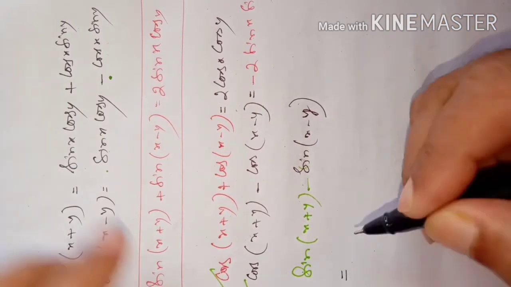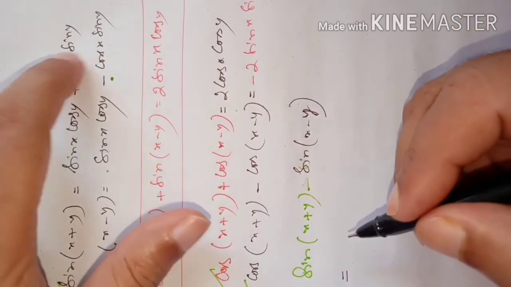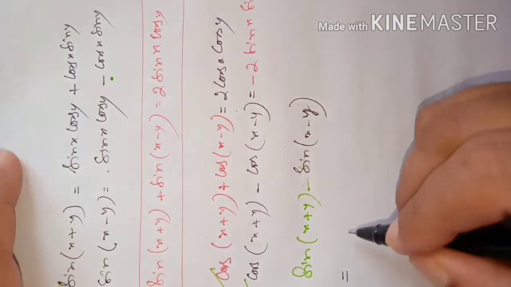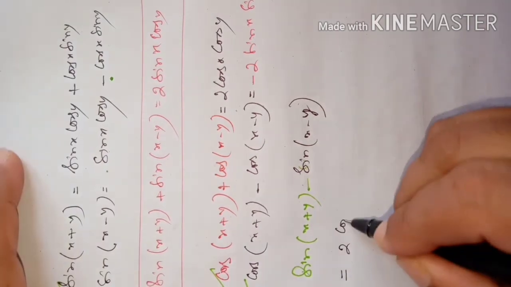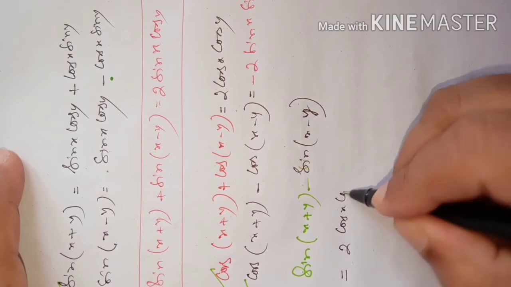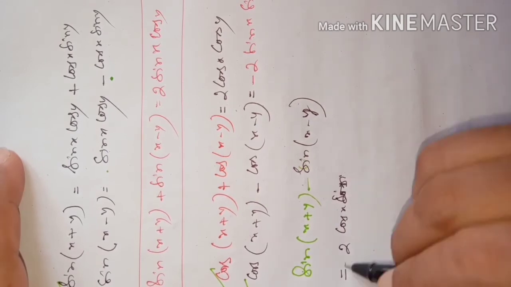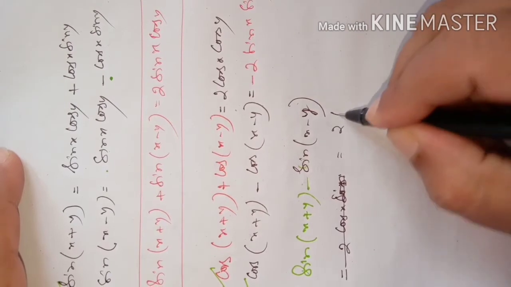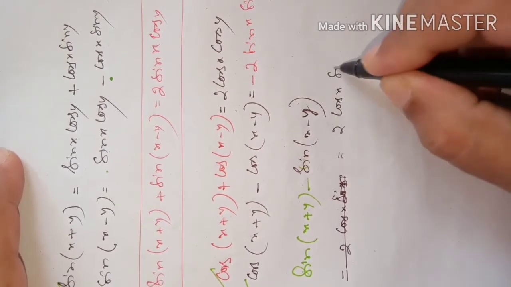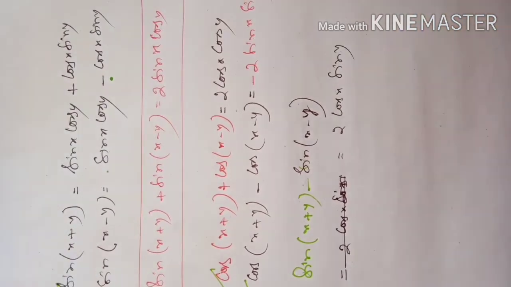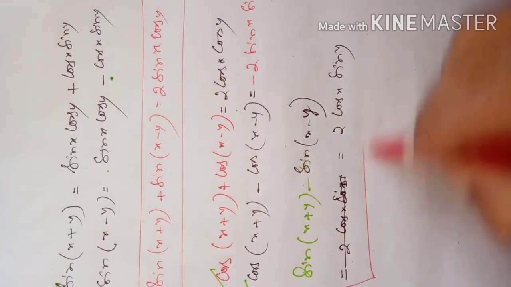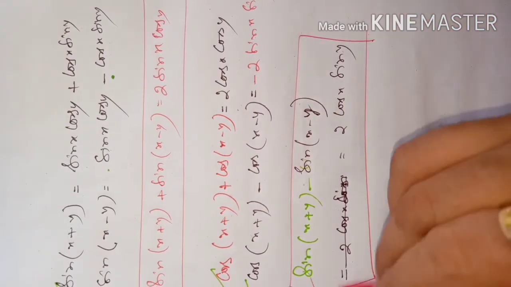This 2 will remain, this 2 will get cancelled. That will be 2 times cos x sin y, sorry, 2 times cos x sin y. So like this you can make your own derivations. Okay, you can make them by yourself.